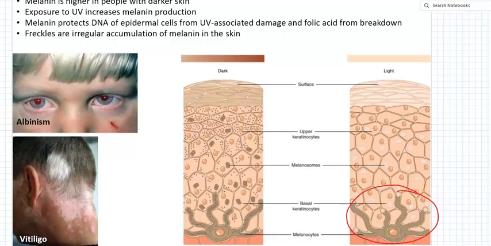So the amount of melanin that every person can generate is effectively written in the genome. Am I making sense? So people with darker skin produce more melanin, people with lighter skin produce less melanin. Do you follow my train of thought?